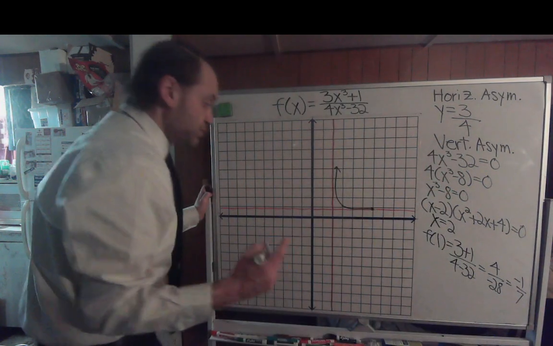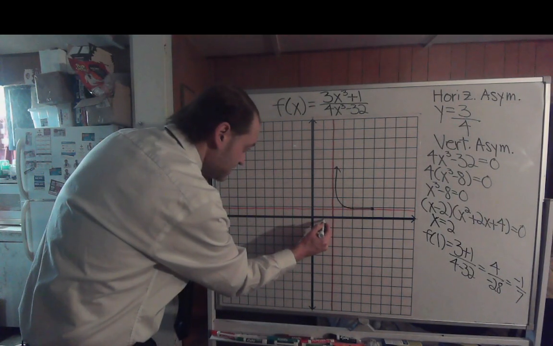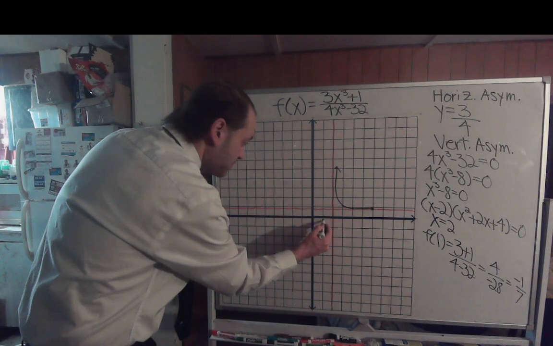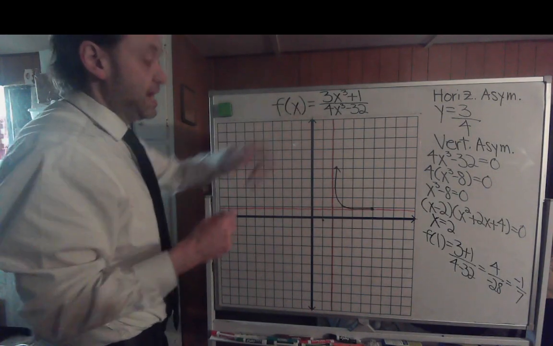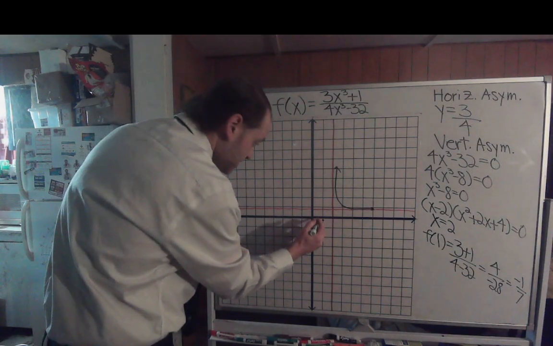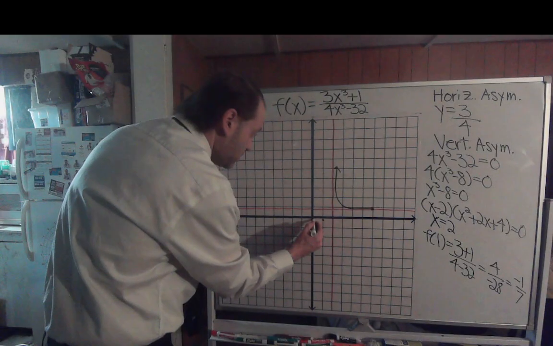So when x is 1, you'll get negative 1/7, which would be really further south. Now what about 0? You would literally get negative 1/32, which is even closer to 0.